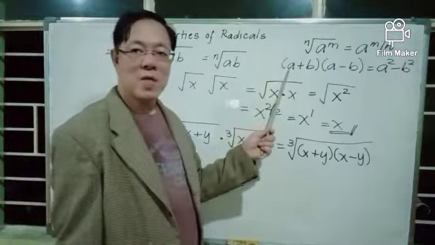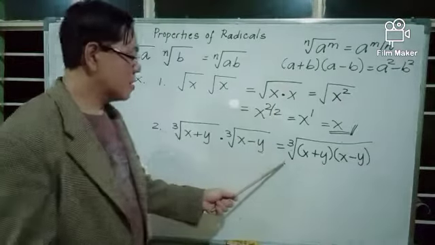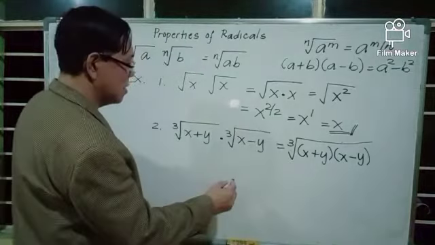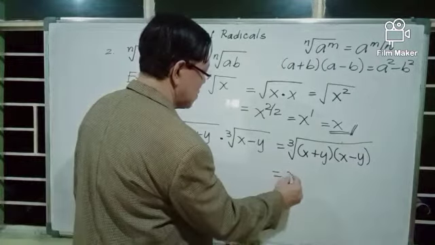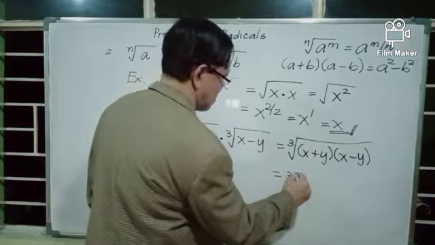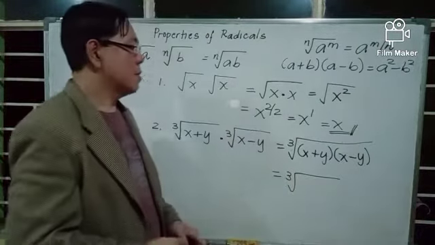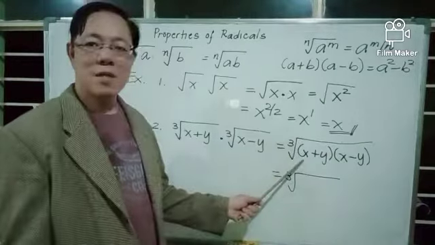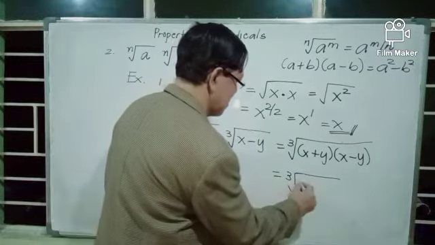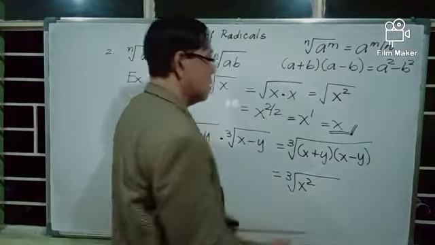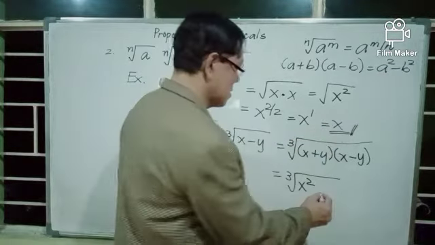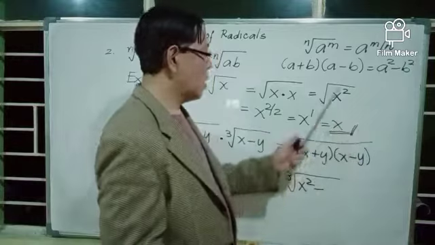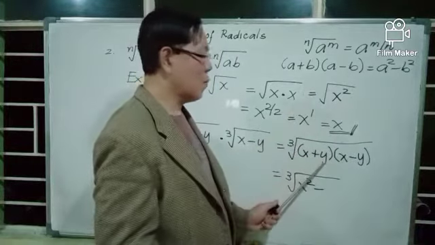Hence, by this special product rule, the cube root of x plus y multiplied by x minus y is equal to the cube root of the square of a, our a is x, minus the square of b, our b is y.